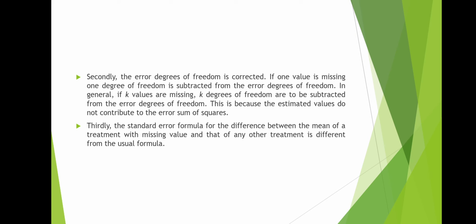But when we use this missing plot technique, our final ANOVA table will have 17 degrees of freedom. We have to deduct 1 degree of freedom for the error sums of square, because that value is not contributing to the calculation for error sums of square.